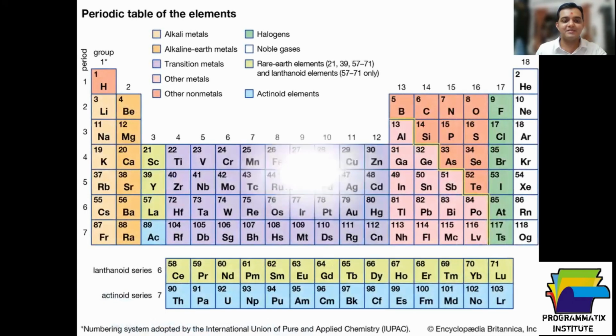So let's begin. You all know this is the periodic table where group 1 and 2 are S block, group 13 to 18 is P block, group 3 to 12 is D block, and below the periodic table, the lanthanide and actinide series are F block. So let us go with S block.